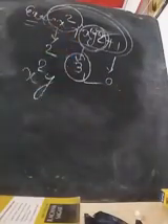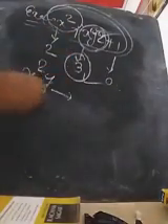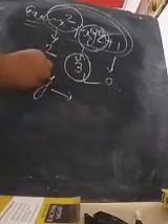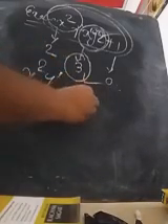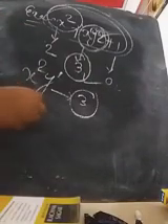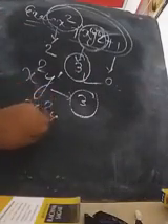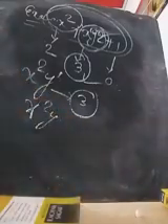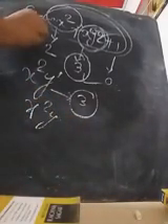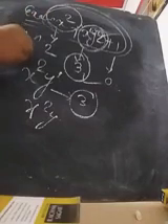Simply x square y. What is the degree of this polynomial? If it is a polynomial of 2 variables, this is 2, this is 1. 2 plus 1, 3. Right? Some more examples. As you know, a to the m into a to the n equals a to the m plus n.